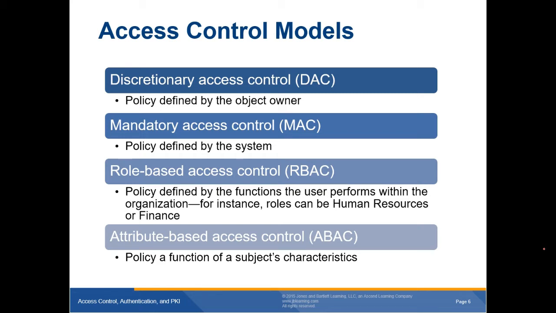Then we have the mandatory access control. It allows the system administrator to maintain the security aspect of the object, is established by the TCSEC and defined as a means of restricting access to objects based on sensitivity. So the access of this object is based on the sensitivity of the object versus the subject matter.